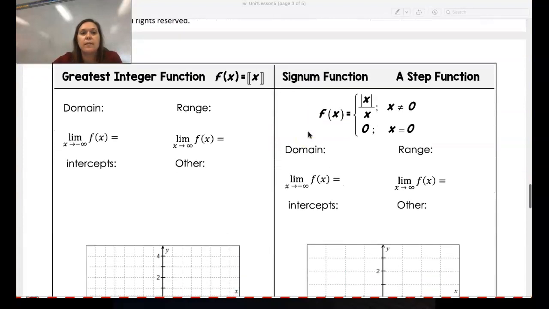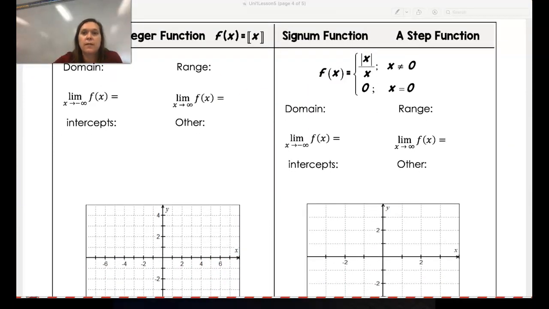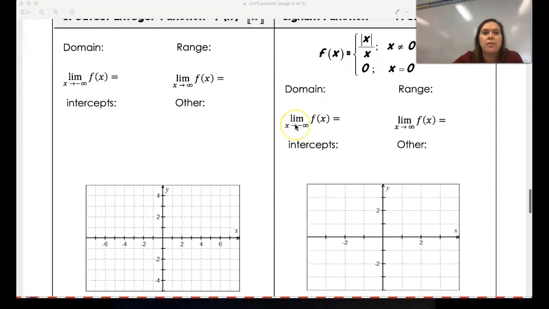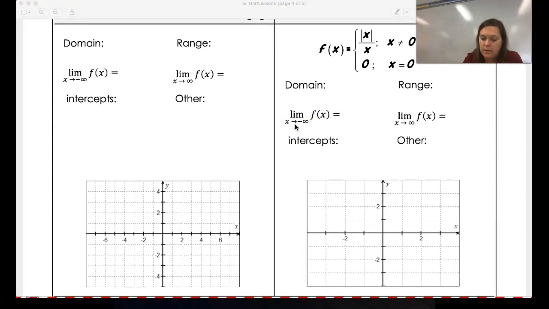Okay. Greatest integer function. So your greatest integer function is your most popular step function that we have. Remember what greatest integer means: we're going to the least, so everything's going to be rounding down.